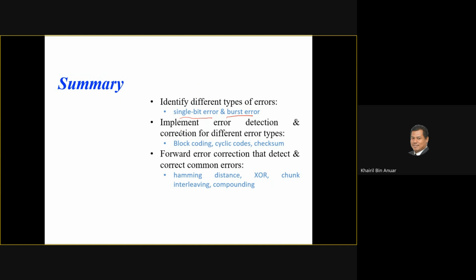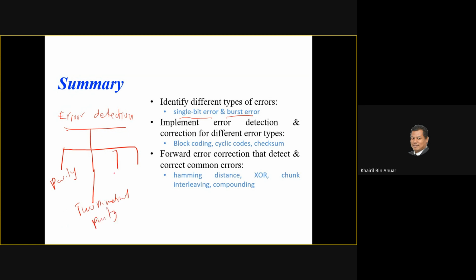If you remember what I mentioned, for error detection you can have four different methods. The first one is what we call parity check. The second one is two dimensional parity.